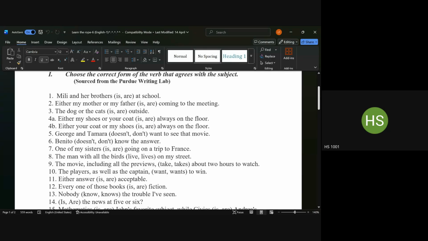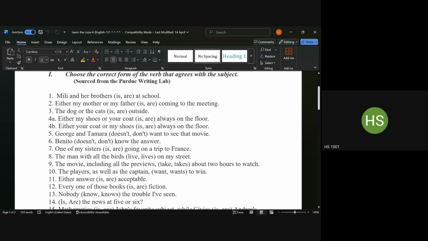It is Millie and her brothers. So obviously we have more than one subject at hand. There's Millie and there's also her brothers, right? A compound subject. So this is a plural subject, and hence your verb has to agree with the subject, has to be plural. So the choice is are. Millie and her brothers are at school, right?